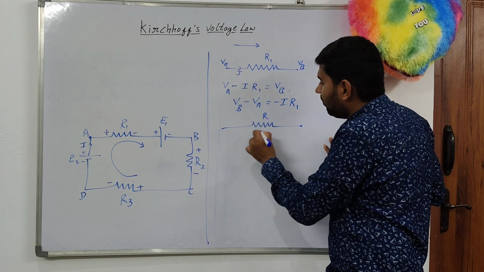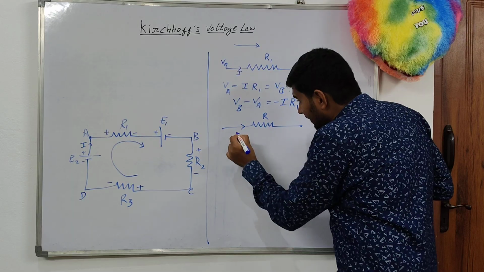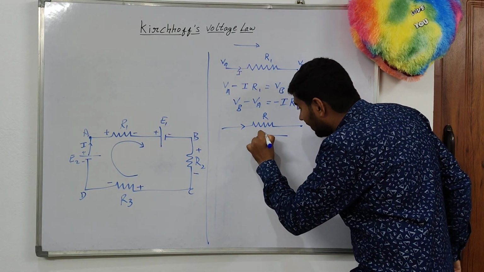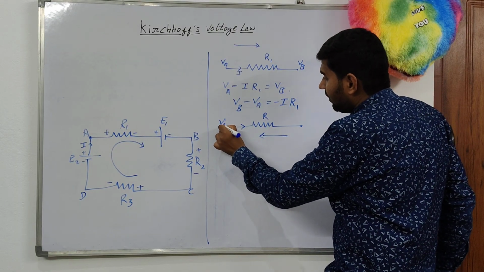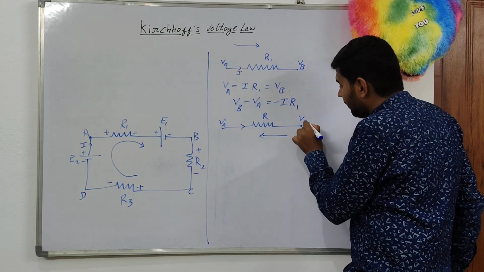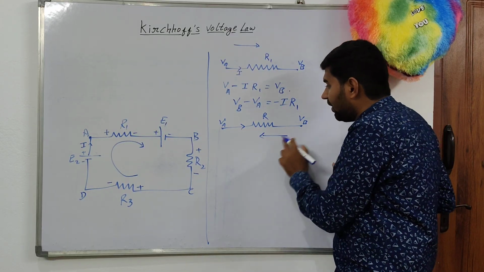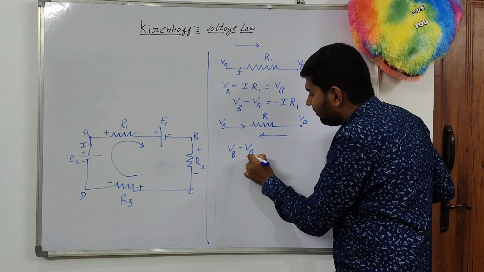In another case, let us assume this is a resistor R and this is the current direction and we are moving opposite to the current direction. This is our traversing direction. In the same way, this is VA, this is VB. How to write this one? If both are opposite, we are starting from here, VB minus VA.